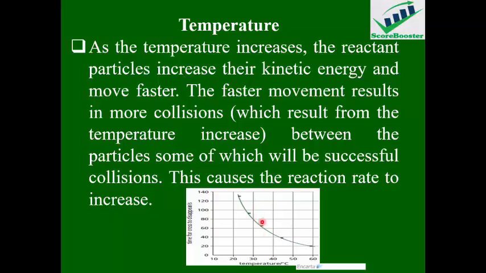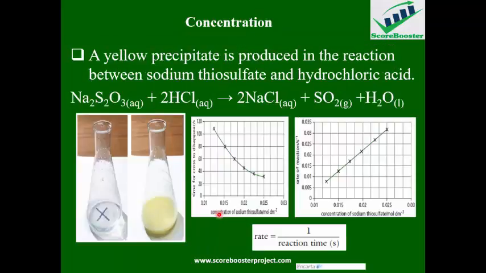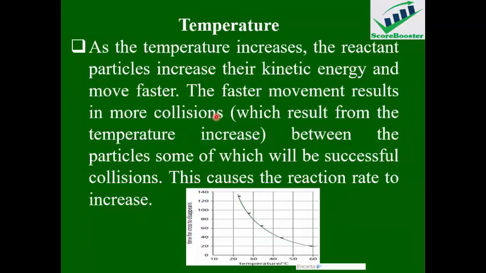So this plot gives us the idea of that. This is another experiment done, and this is the result. Time for the cross to disappear, seems like we have this reaction now. So instead of concentration, we are now using temperature. At 20 degrees, this is the time. At 60 degrees, this is the time. And don't forget again, if you flip the time, you get rate. So higher time means lower rate, and lower time means higher rate.